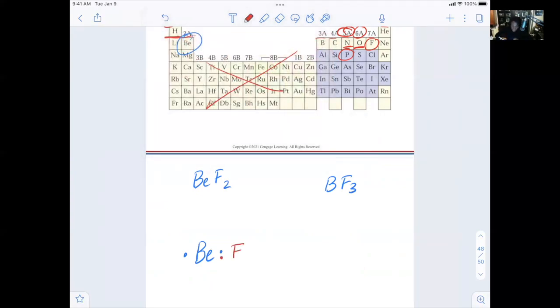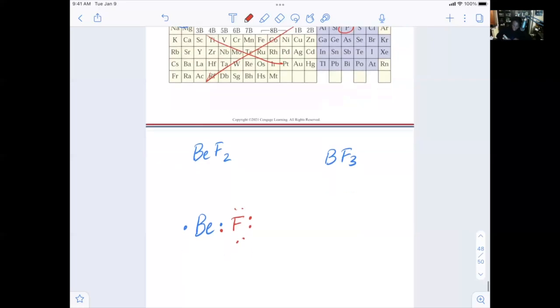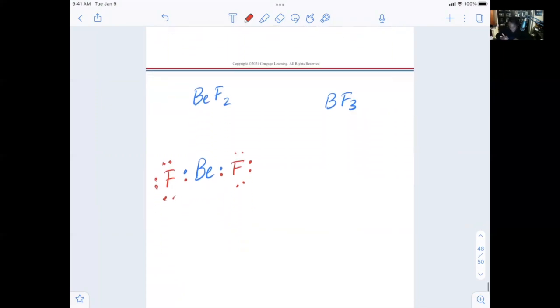So first, 2, 3, 4, 5, 6, 7. Then the other one, first, 2, 3, 4, 5, 6, 7. There. So you can see these form the bonded electrons, Be, F, F.